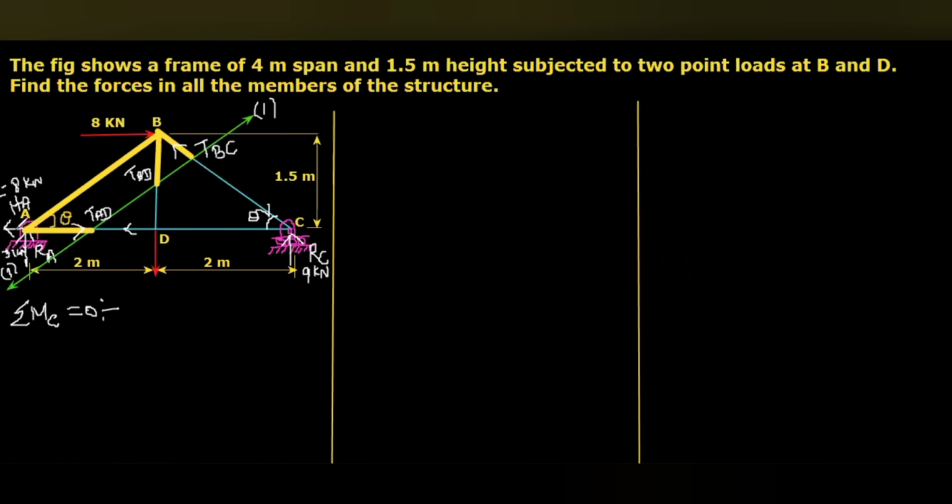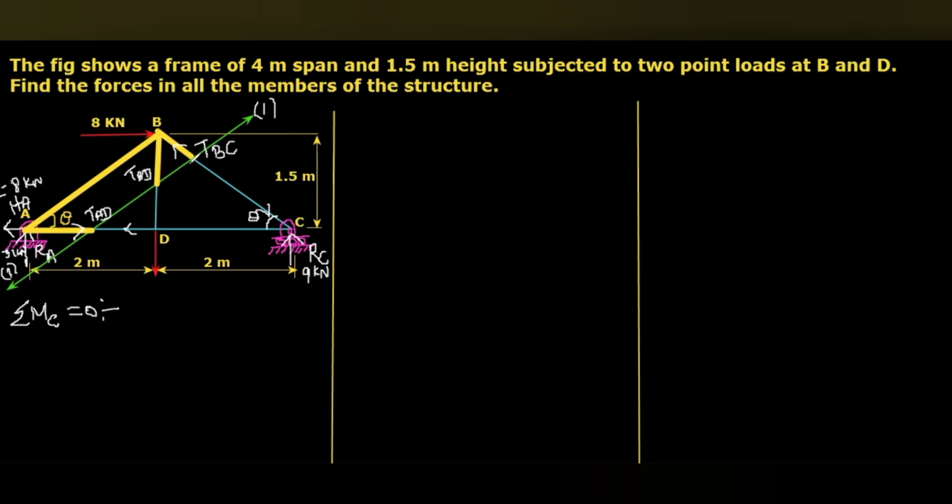Both lines pass through D and also C. So the moments due to HA and TAD are eliminated. TBC is an inclined force, and that line also passes through the points B and C. So the moment made by TBC is also eliminated. So the moments due to HA, TAD, TBC are eliminated.